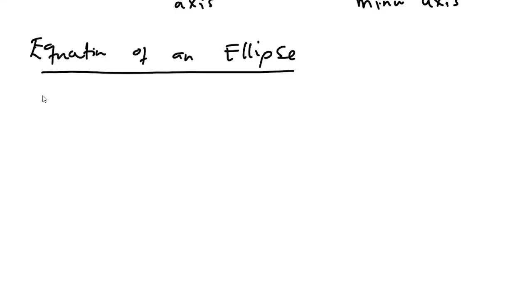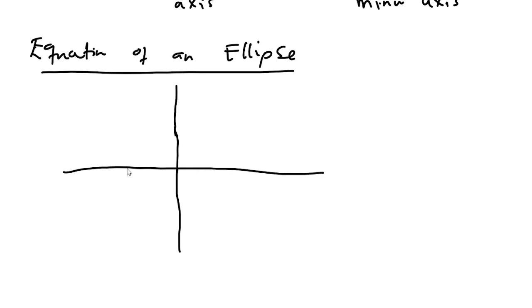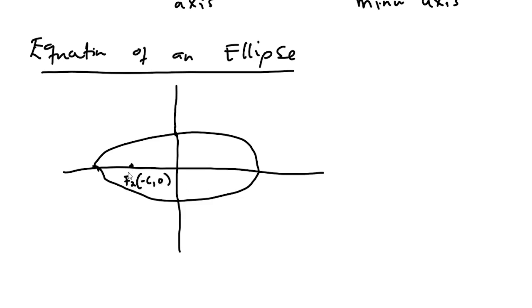Now let's consider this ellipse here. So we have focus 2 with coordinate (-c, 0). So this is at the negative side of the x-axis.